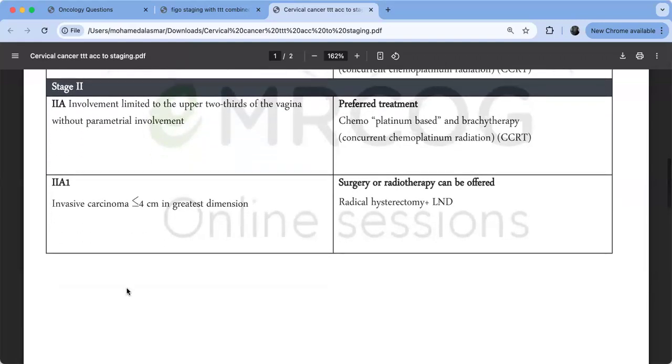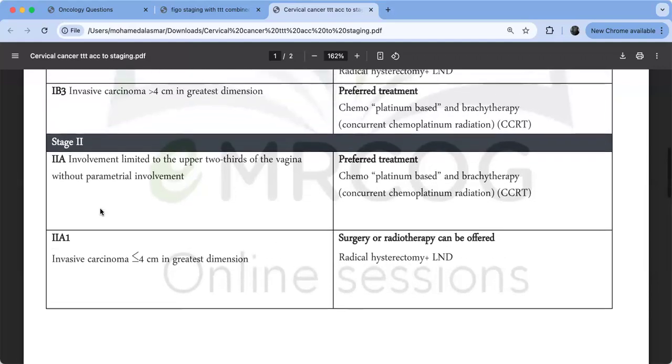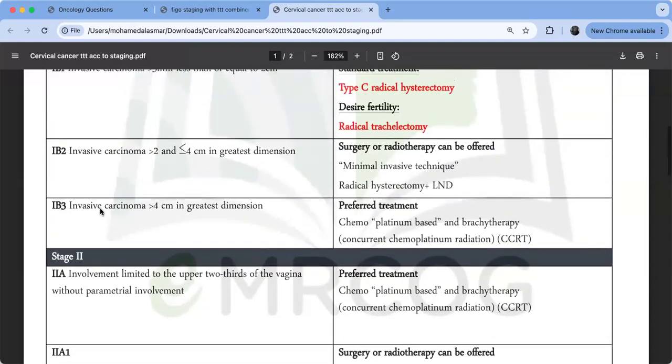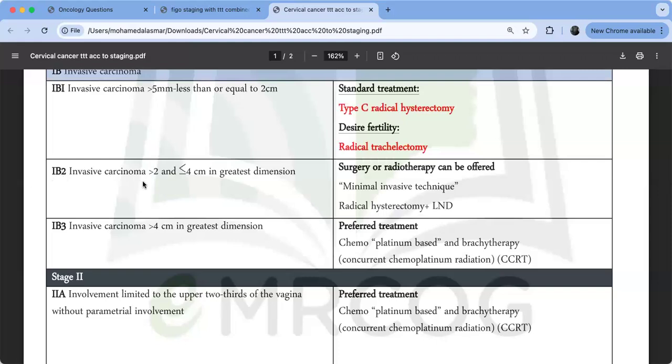Okay, so how about stage 2, where the involvement is limited to the upper 2/3 of the vagina without parametrial involvement? Stage 2, again, CCRT, right? 2A1, do you remember this? It was similar to which stage when 4cm was there, to 1B2.